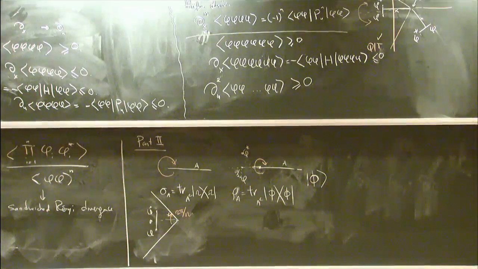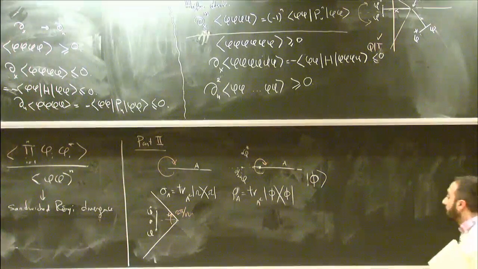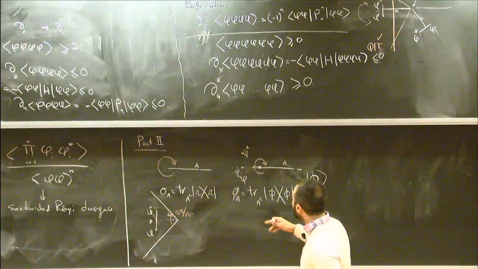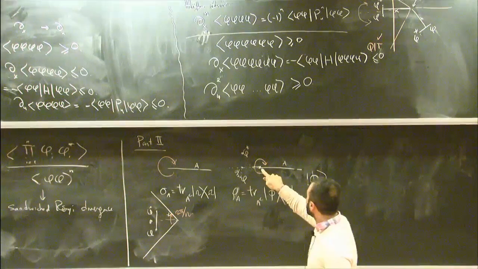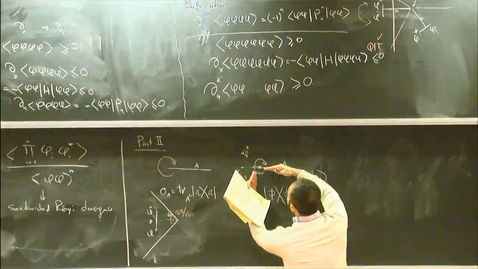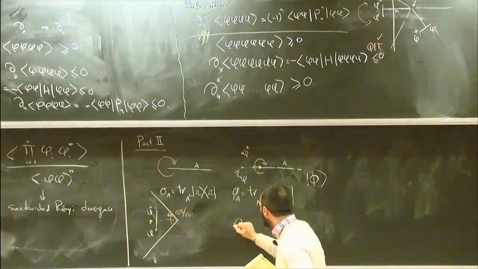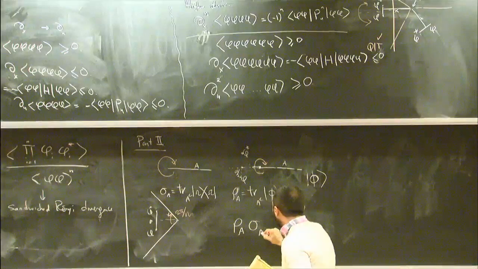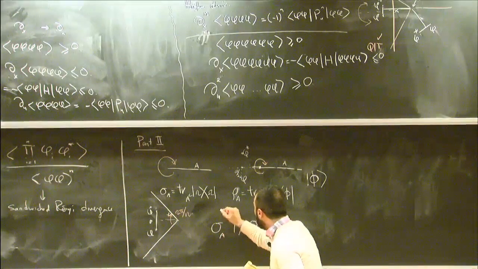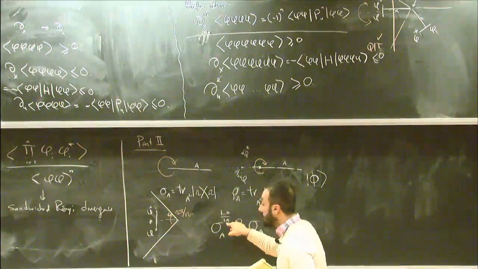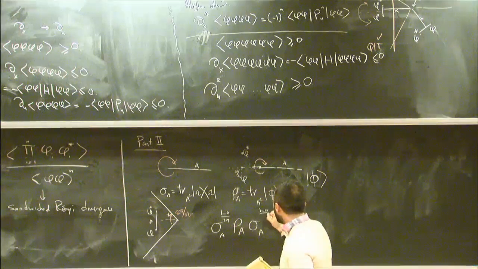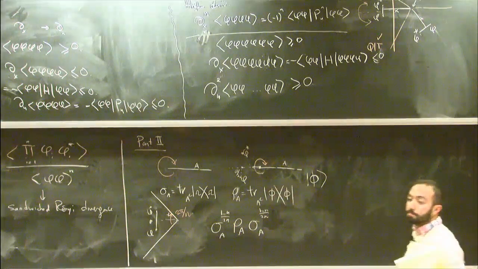So what is this path integral? What operator corresponds to this path integral? Well, the answer is very simple. This operator is the same as this with wedges of vacuum removed from it. So what is this operator? This is rho of a, sigma of a to the power of 1 minus n over 2n, which is a negative power. That's what it means to remove the wedge.